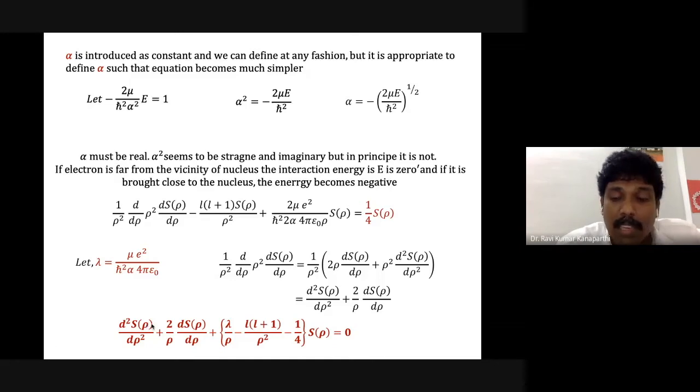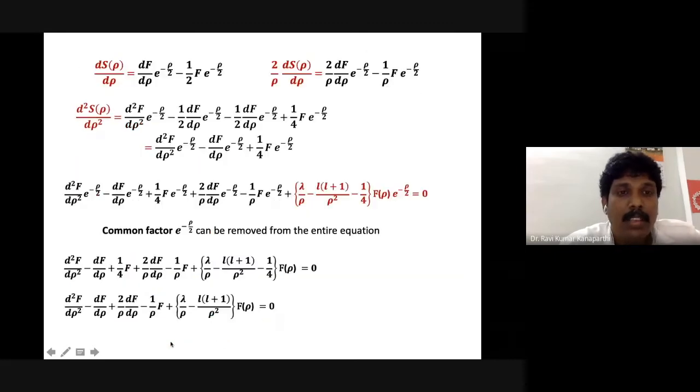Right? If that is the case, then you will have to substitute. We have to calculate all these things, the first derivative, second derivative, all those things we can substitute. Okay, so you can calculate what is the first derivative. Similarly, what is the second derivative? From the first derivative we can calculate, that is easy.